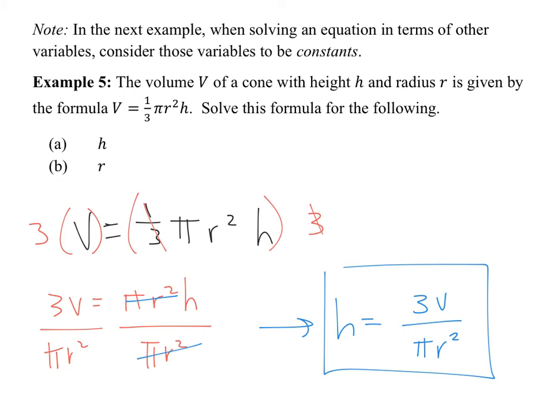We're going to call this, and you want to jot this term down, a generic solution for h. So you've solved for the height. Now, this gives me a very powerful expression, because I could tell you, Danielle, the volume is 5 and the radius is 2.